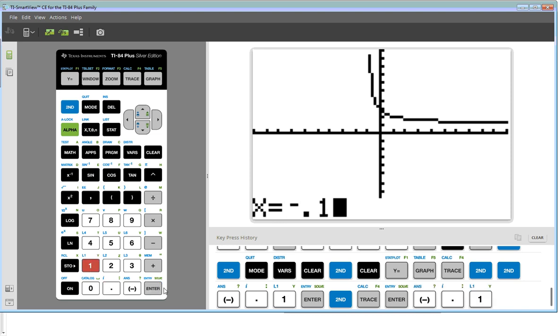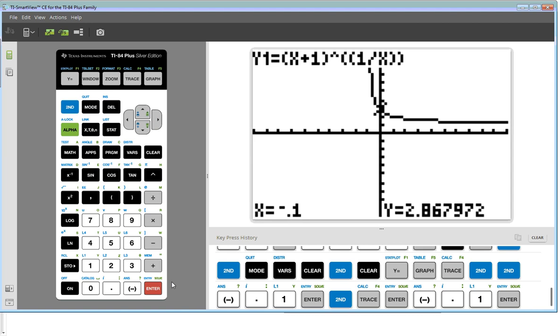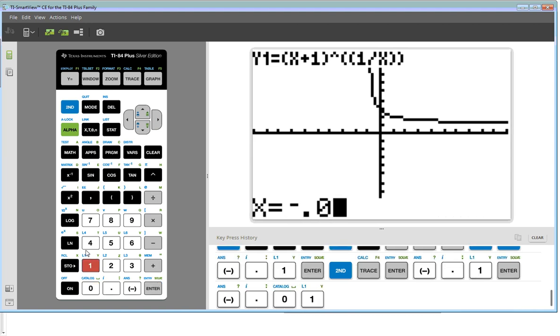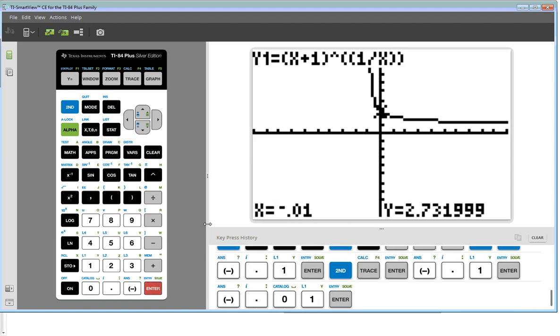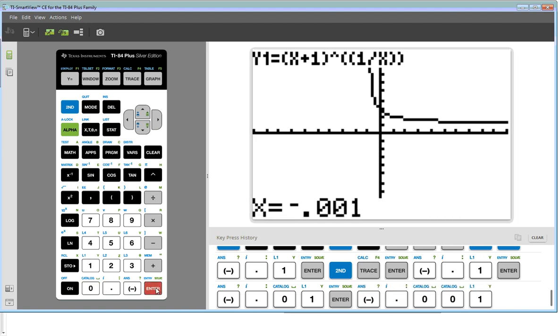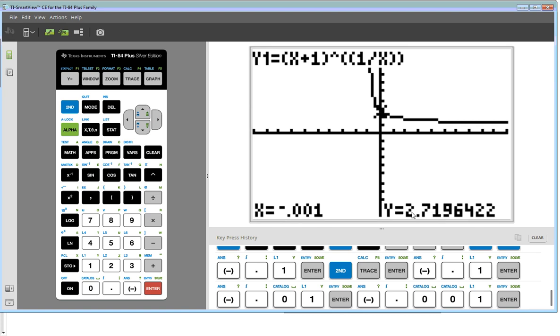So negative 0.1, a little to the left, 2.867. A little further, negative 0.01, getting closer and closer to that 0, 2.7319. And now negative 0.001, that's third decimal, so about 2.719 is where we're at.